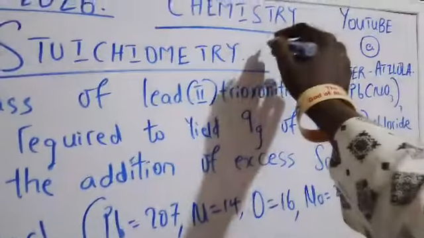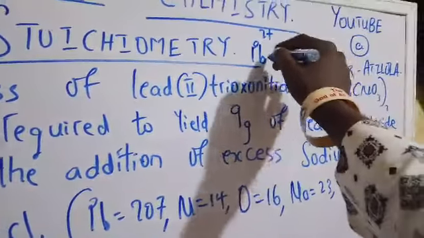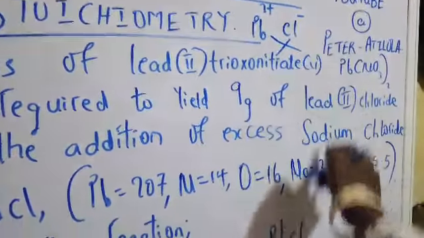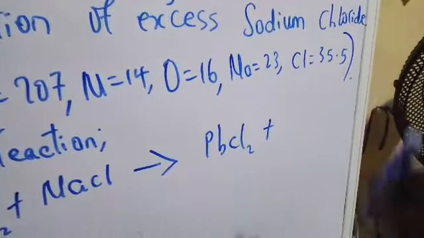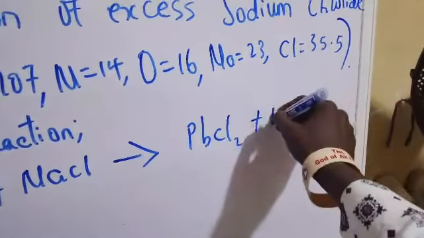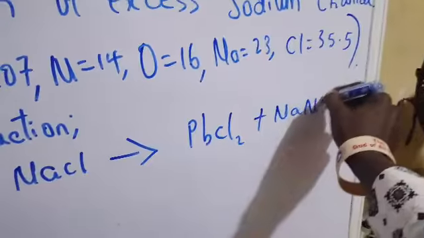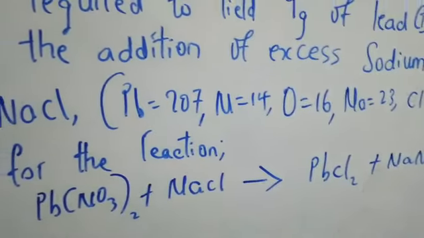In case you don't know, lead is Pb2+ and chloride is Cl minus, so these two come here. That's why we have PbCl2. Then plus here you are going to have NaNO3, sodium nitrate, since Pb has already gone. This is what the equation for the reaction will look like.